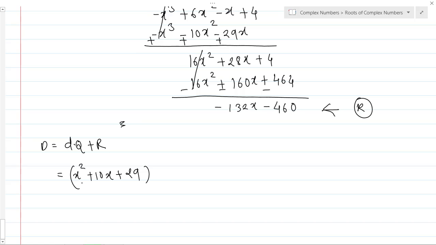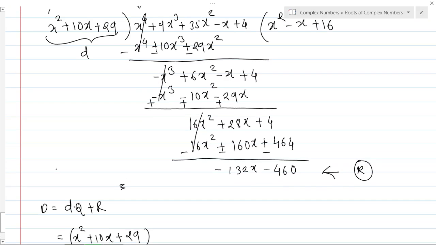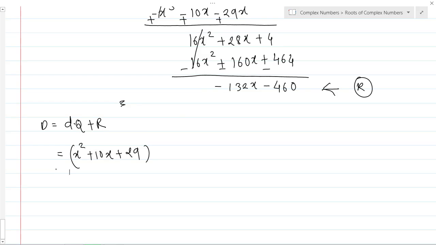Into what is the quotient? The quotient is x square minus x plus 16, plus the remainder, minus 132x minus 460. So this is equal to the dividend.